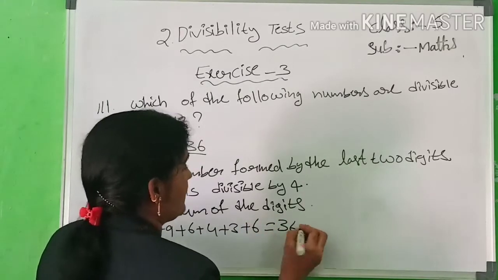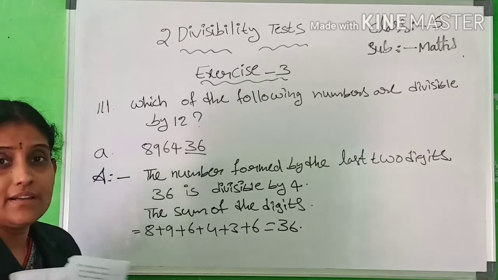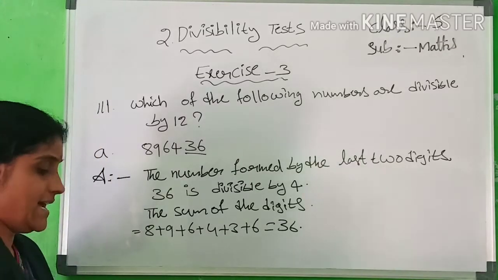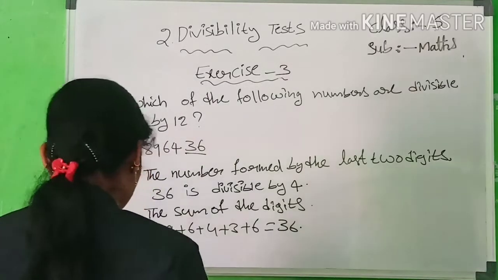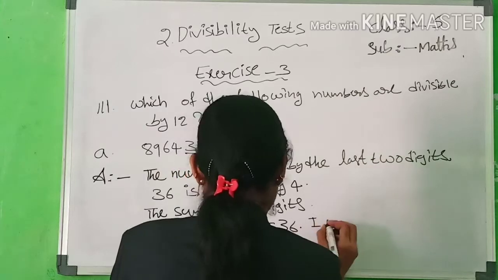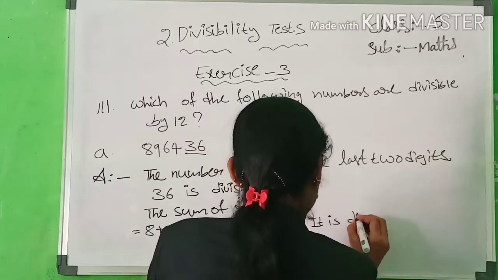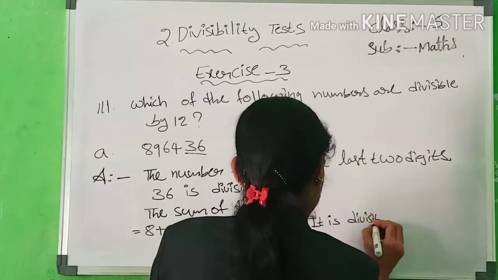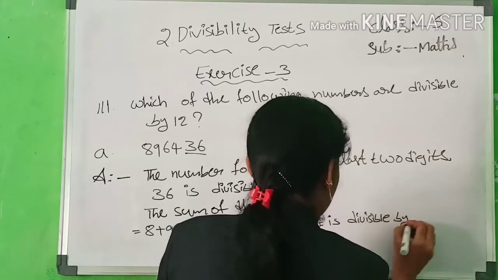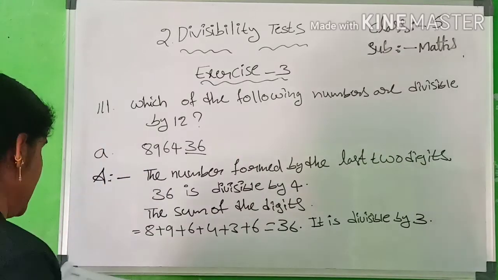Now, 36 is divisible by 3. Tell me children. Yes, it is divisible by 3.